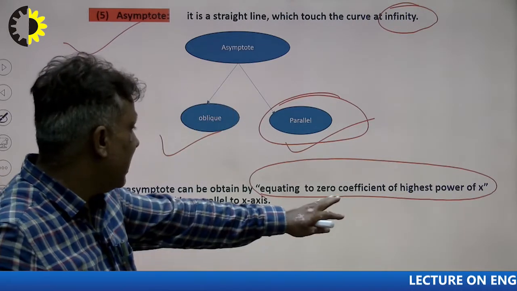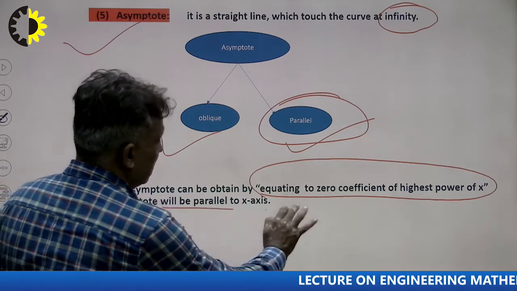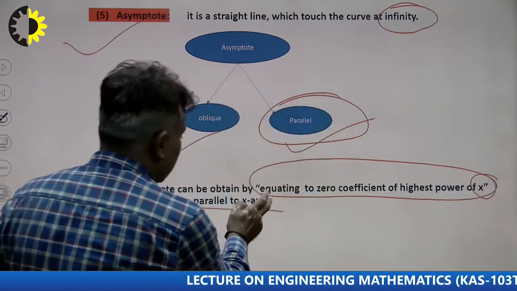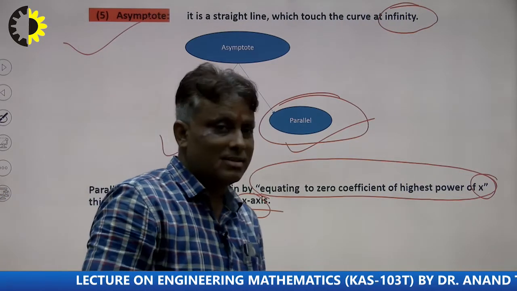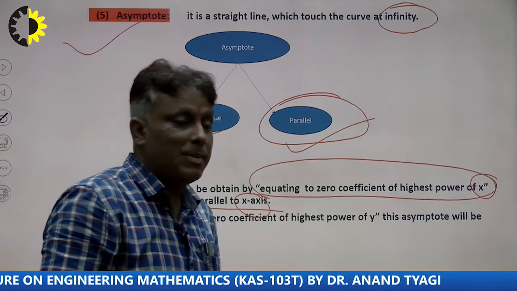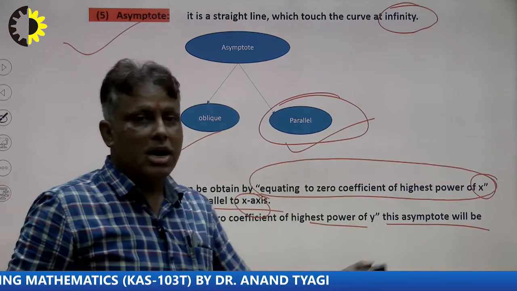So this will be the parallel asymptote. The asymptote will be parallel to the x-axis. Students, keep in mind that there is the x-axis and there is also the y-axis, but in tangent and symmetry both are reversed. Remember it. Similarly, equating to 0 the highest power of y, the tangent will be the y-axis. How to? I write here.